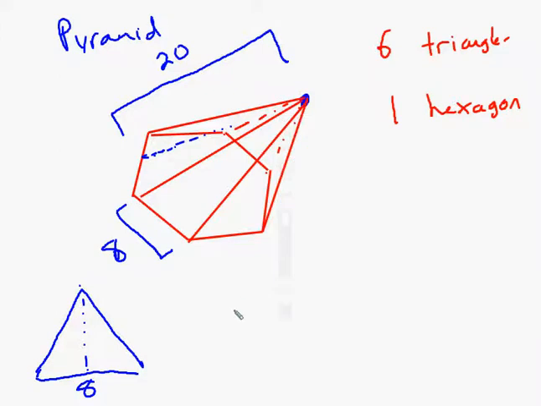Okay? It is slanted. So hopefully you would see in here another triangle, which is a right triangle. And this slanted side is the side that I need. This is 20. And I'm going to need to know what this is.